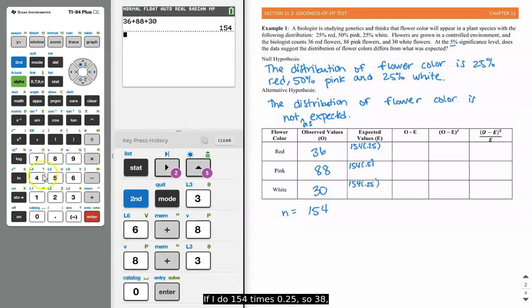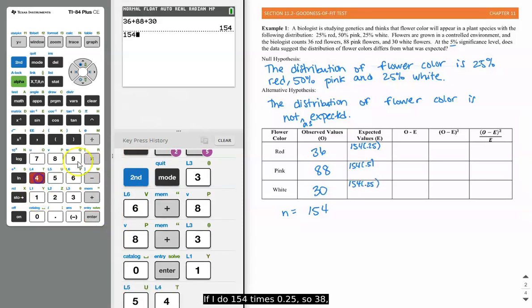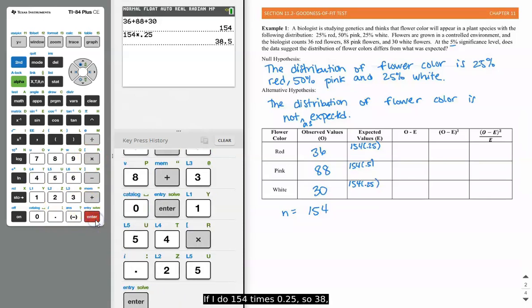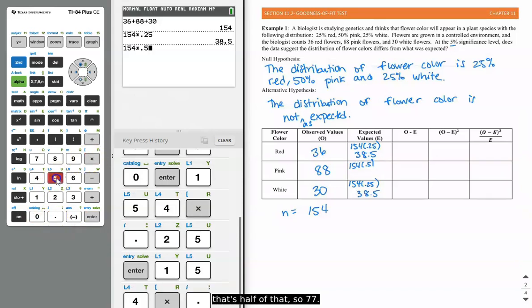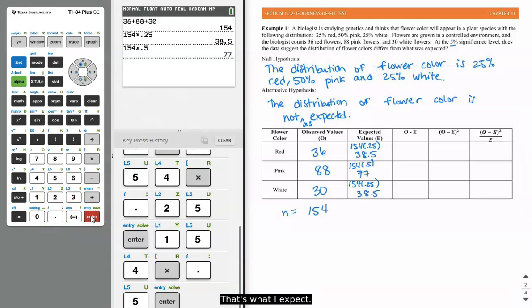So if I do 154 times 0.25, so 38, and we'll keep the decimal, so 38.5 are for the red and white, and then 154 times 0.5, that's half of that, so 77. Okay, so that's what I expect.